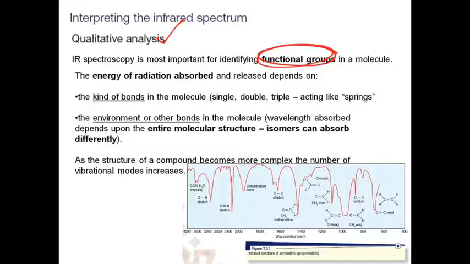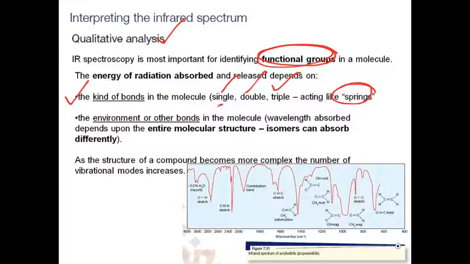The energy of the radiation absorbed and released depends on the kinds of bonds. This is where my spring analogy is going to come in, and I'm going to explain it a little bit to you. The kinds of bonds, single or double or triple bonds, we're talking about these bonds acting like springs.